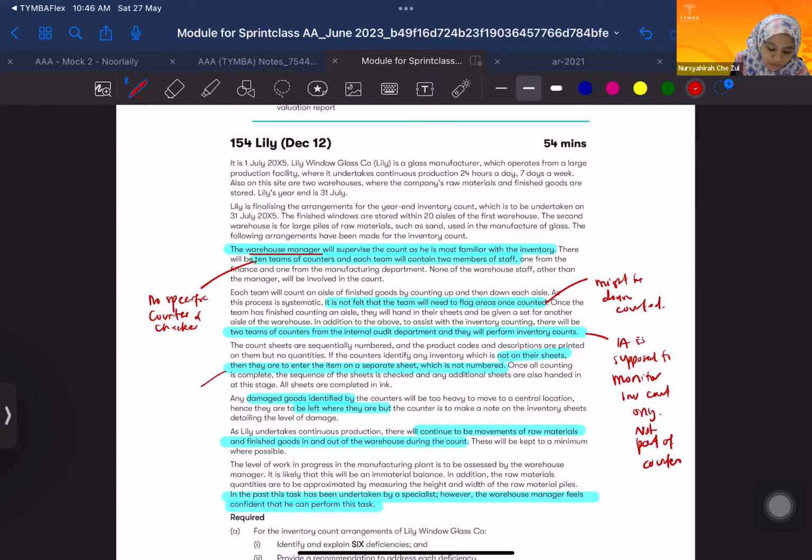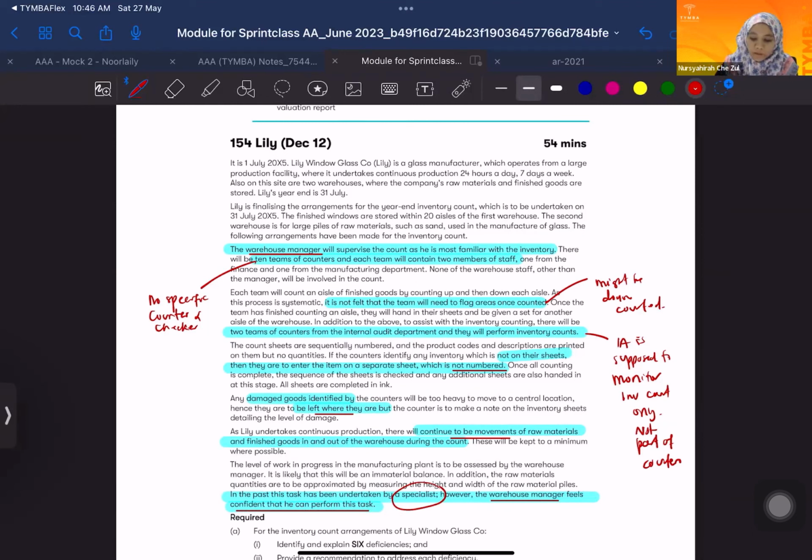If the separate sheet is not numbered, this one is quite straightforward, as we discussed on the reason. Next, the damaged item left where it is, continuing to be moved. And the last one, the warehouse manager would like to perform tasks previously done by specialists.